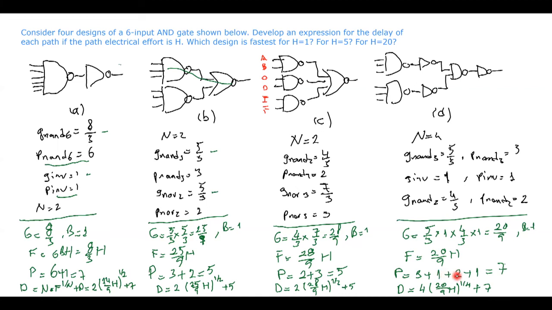I think B and D will be the two candidates that might have the least delay. I'm eliminating the first one because it has a large parasitic delay. So let's do the calculations and see the results.